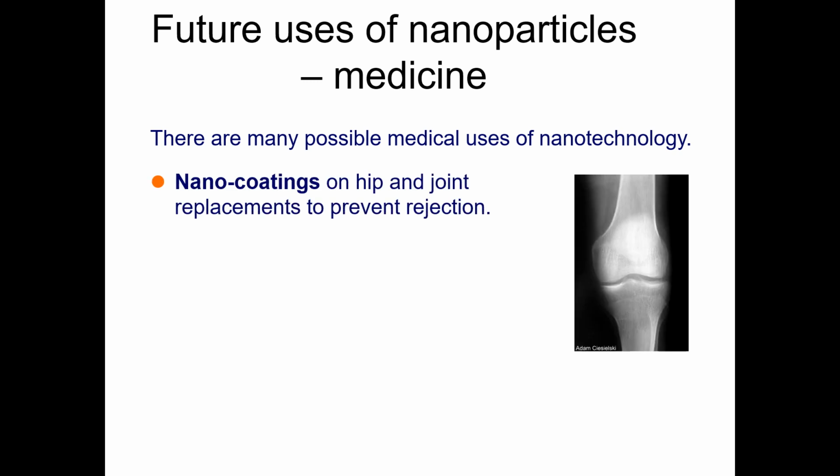We can discuss that we have nano coatings. We can use nanotechnology as a medical treatment that we call nano coating, for hip and joint replacement to prevent rejection.